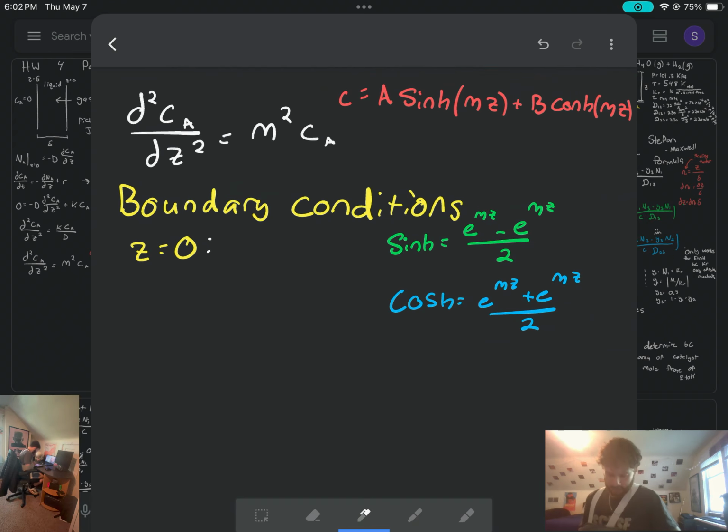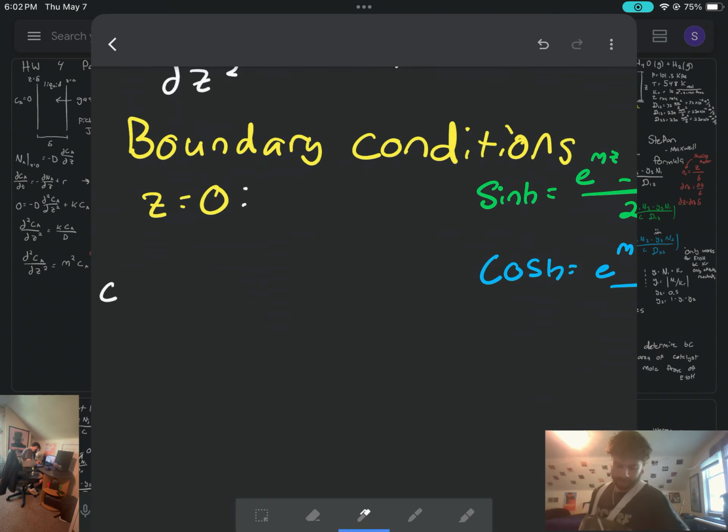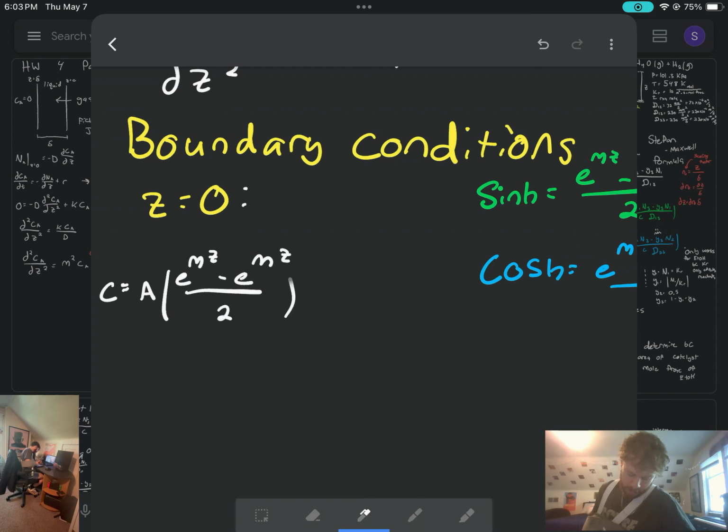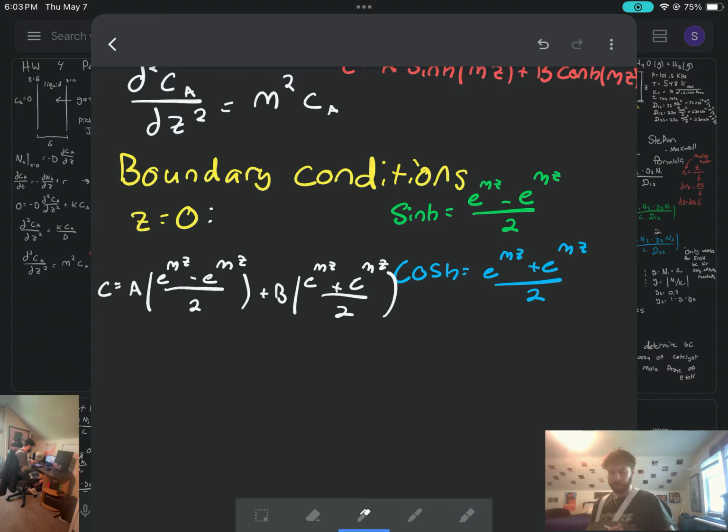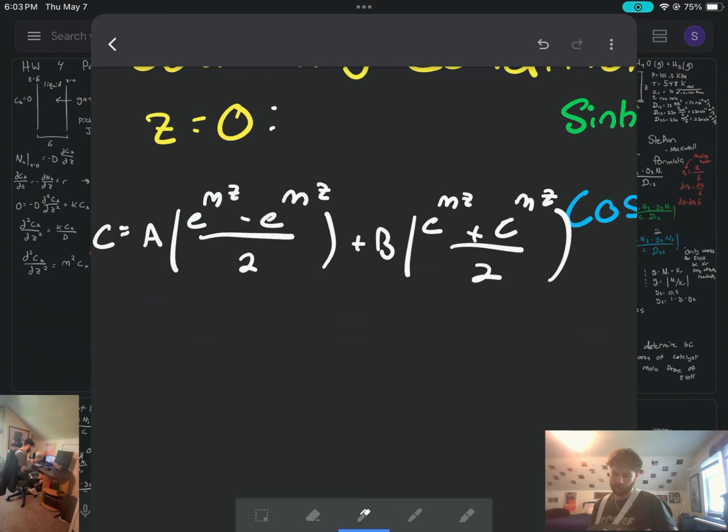So if we rewrite this equation as our concentration is equal to our constant A times sinh, so e to the mz minus e to the negative mz divided by 2, and then add to that constant B times e to the mz plus e to the negative mz divided by 2. In this case, z equals 0, so e to the 0 is just going to be 1.